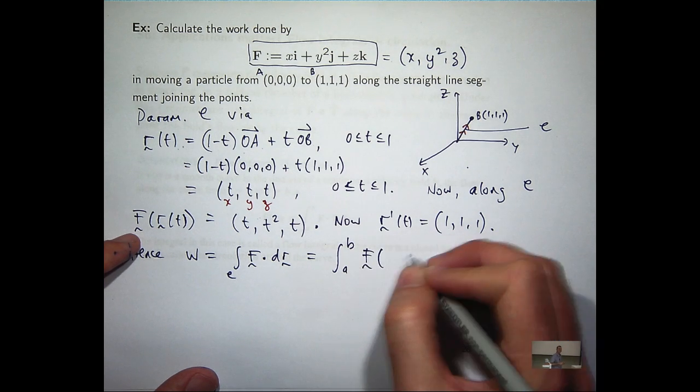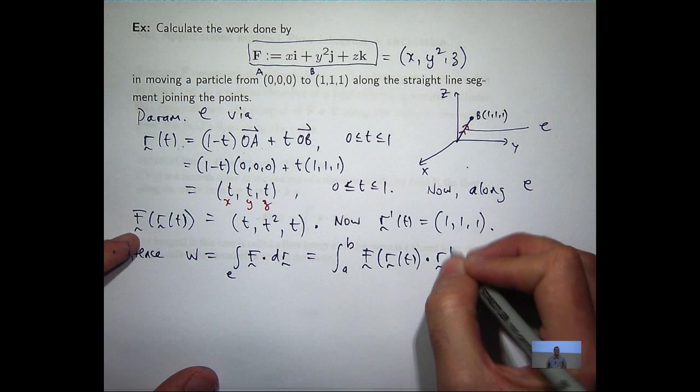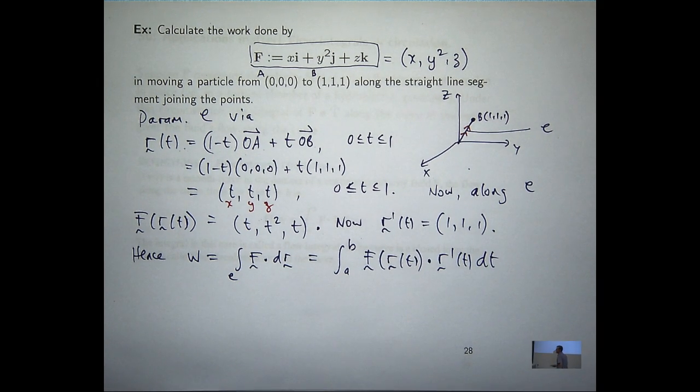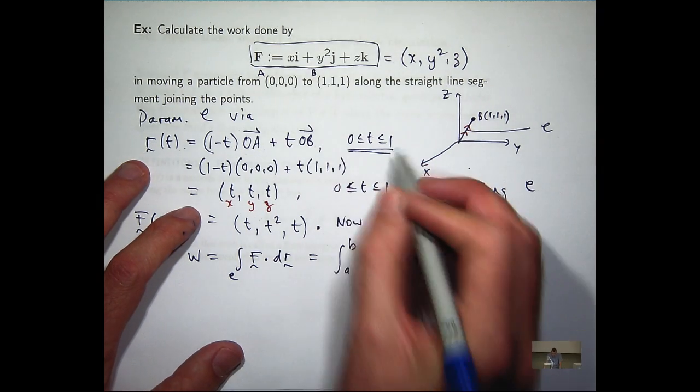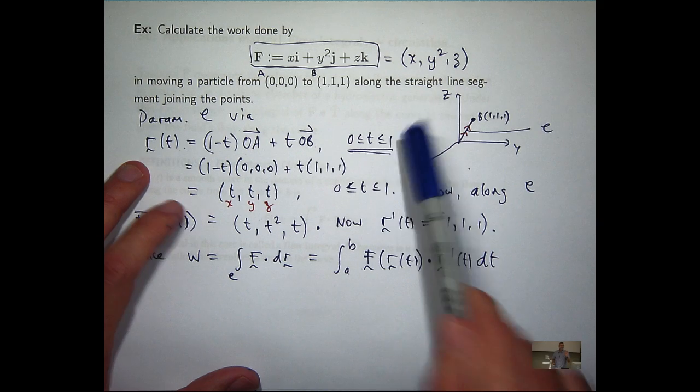If I write it out in terms of my t, it's this, which is actually what we're going to use to do our computations with. Now, a and b are derived from the t interval. So a is going to be 0 and b is going to be positive 1.